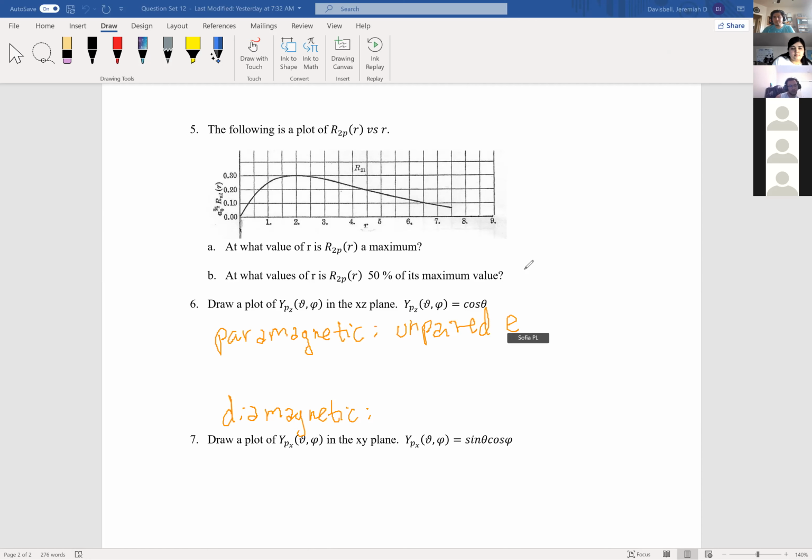So all of them, except for neon, should be paramagnetic. And all noble gases will be diamagnetic. Or like all of the elements that are on the last column for each subshell will be diamagnetic.